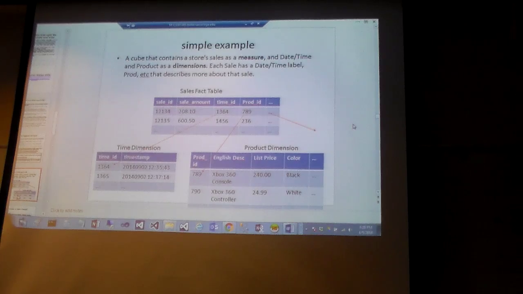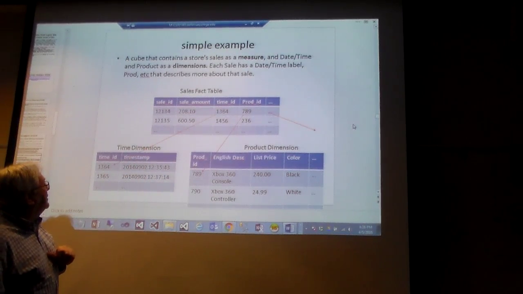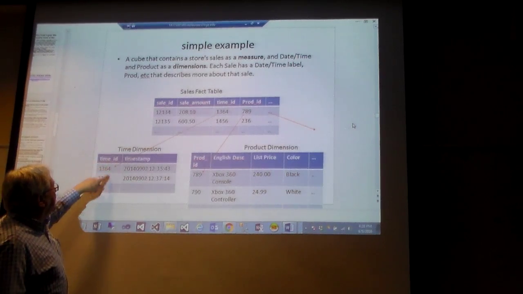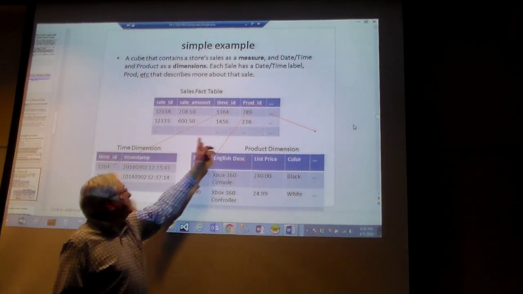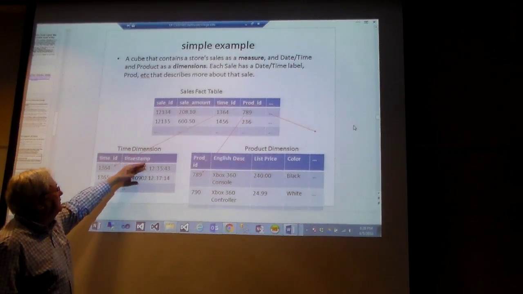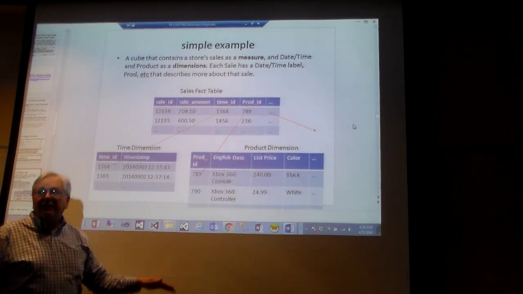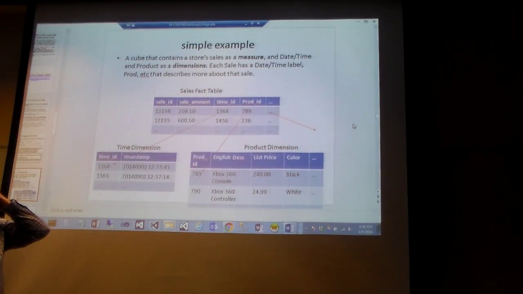And then off of that, you can build a time dimension, which keeps track of every unique timestamp that was generated here. So these are time IDs, and this shows you every time event that something was purchased.